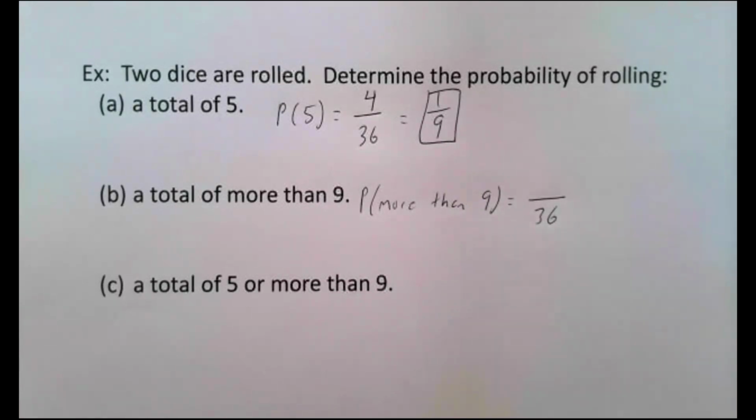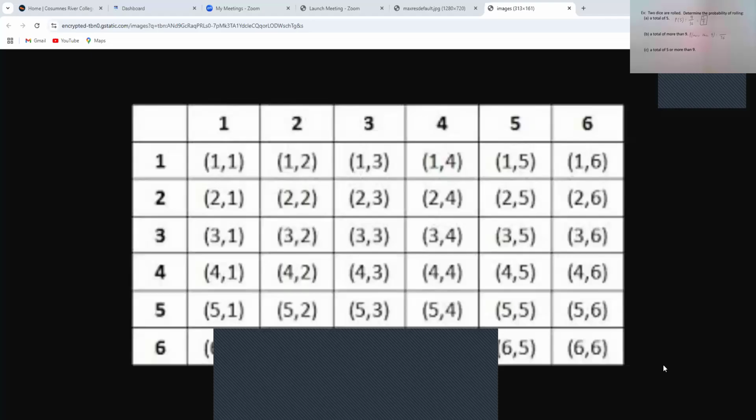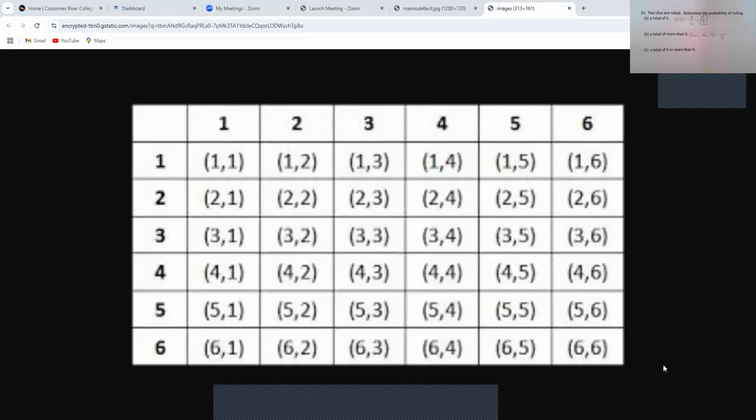We just saw there are 36 things in our sample space. But let's go see how many of those 36 add up to something more than 9. I believe the answer is 6 out of the 36.